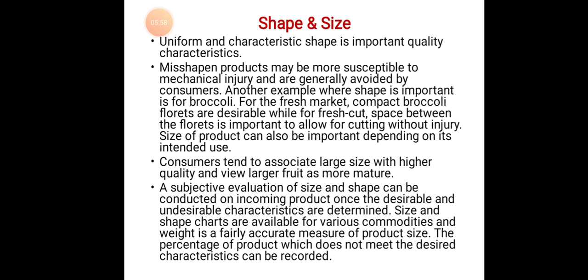For the fresh market, compact broccoli florets are desirable, while for fresh cut, space between the florets is important to allow for cutting without injury. Size of product can also be important depending on its intended use. Consumers tend to associate large size with higher quality and view larger fruit as more mature.